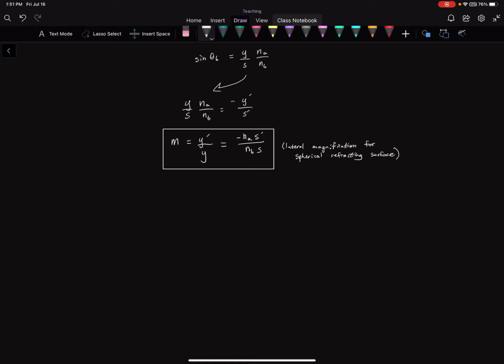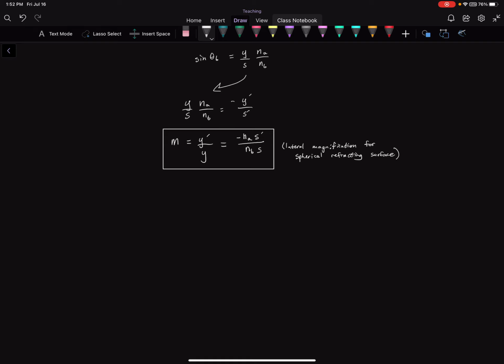So the signs might change if you have the surface curving the other way, because the images formed might be the other way. And so they also apply regardless of index of refraction, n sub a, n sub b, whether one is larger than the other or the other way around, right? So you just have to think through the signs, but it would take very little effort to arrive at what they become.